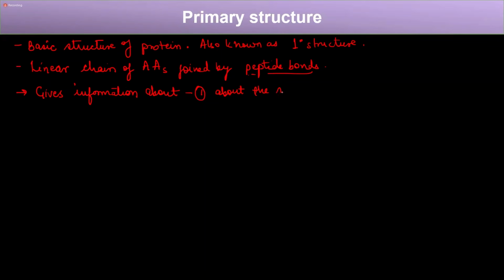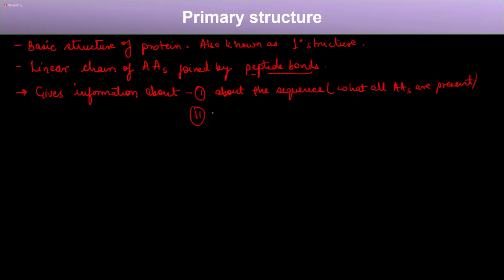By sequence, I mean what amino acids are present in that chain, or we can say what kind of amino acid this protein is rich in. All this information we can get from the primary structure.